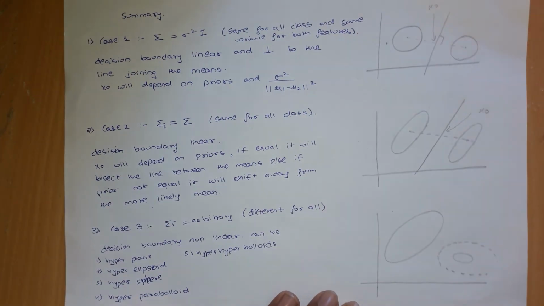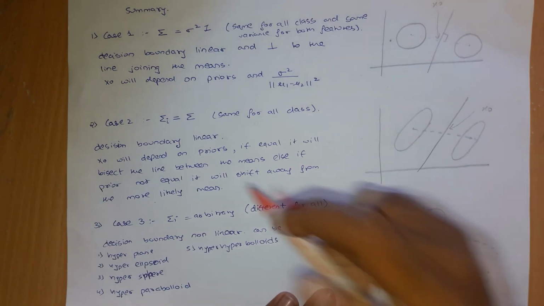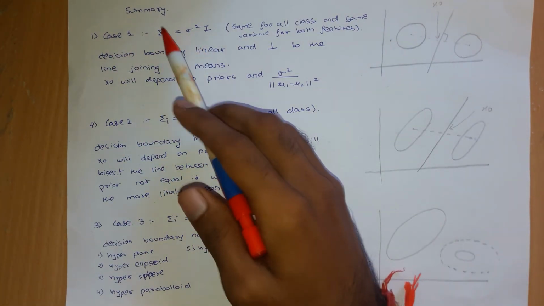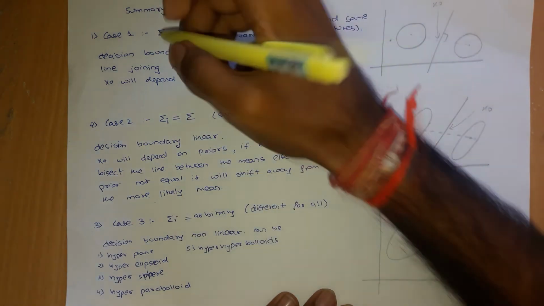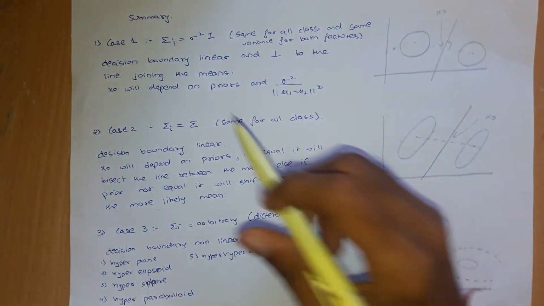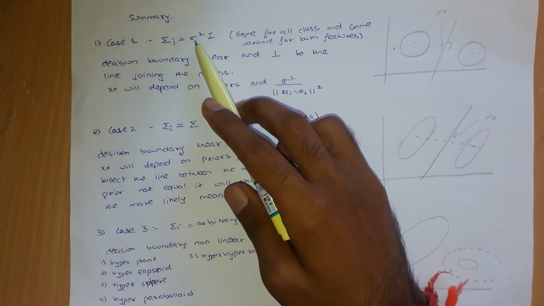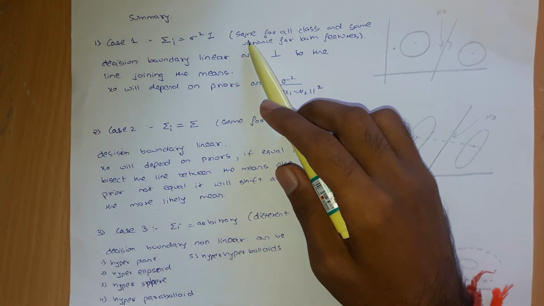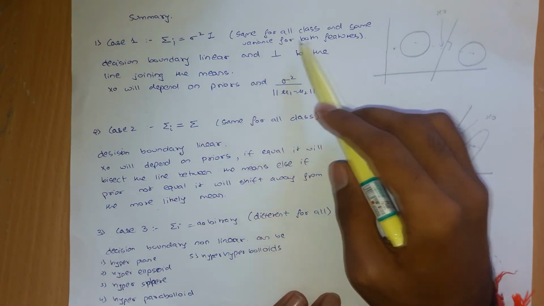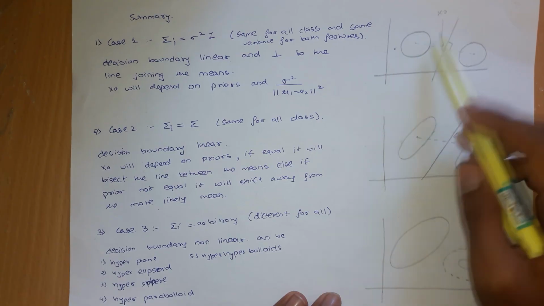So let us summarize what we have done over here. Case 1 says that the covariance matrix sigma i for the ith class is equal for all the classes, and that is sigma square into I. So the covariance matrix is equal for all the classes, with the same variance for both the features. So this is a circle.